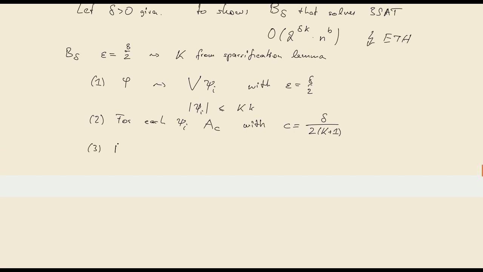Well, and then, of course, you return yes. So you say phi is satisfiable if and only if any of these is satisfiable.